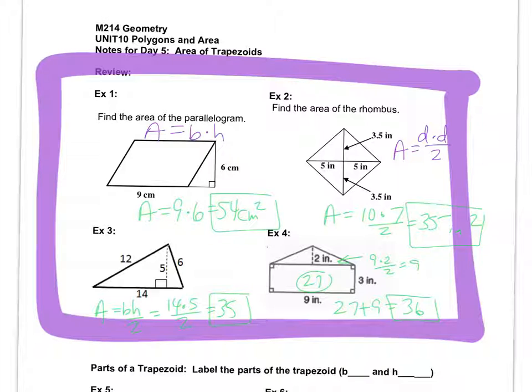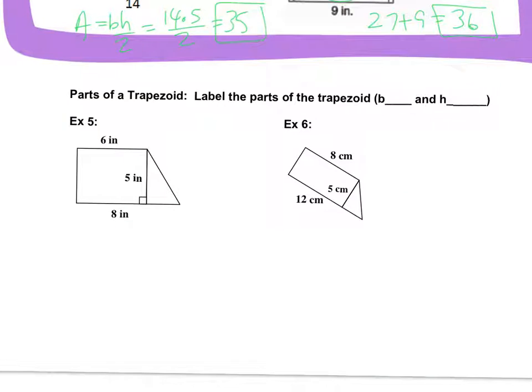A couple days ago, it was Monday, we did a triangle, area equals base times height divided by 2, and you'll get 35 for number 3. And then number 4 is a composite, meaning it's a triangle and a rectangle together. So you have to do 2 separate areas, and they add up to 36. So scroll on down, and let's talk about trapezoids.